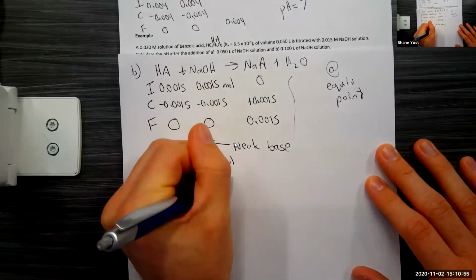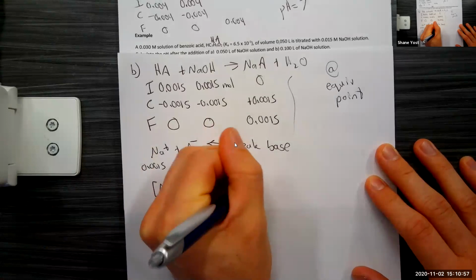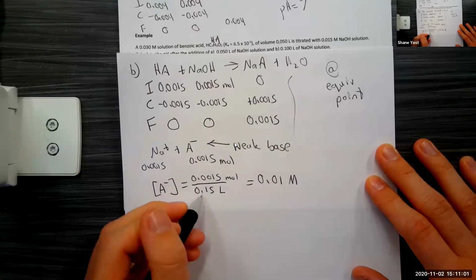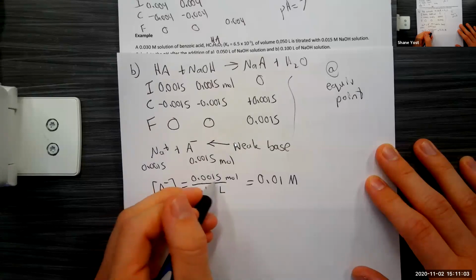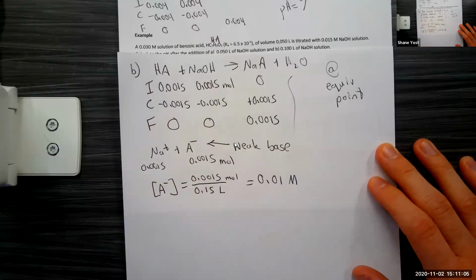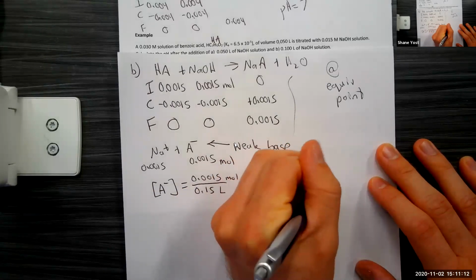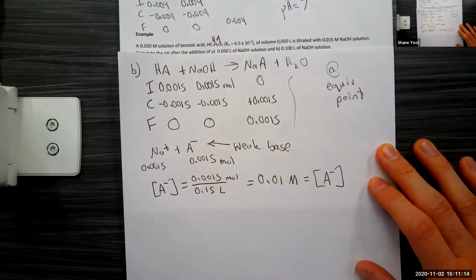That comes out to be 0.01 molar. So I have 0.01 molar of my conjugate base, my weak base, in solution.